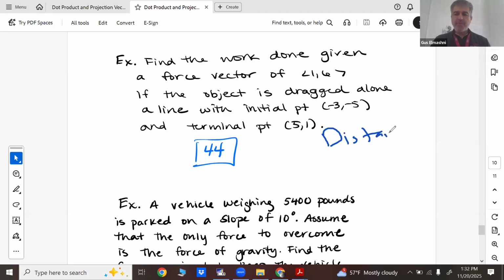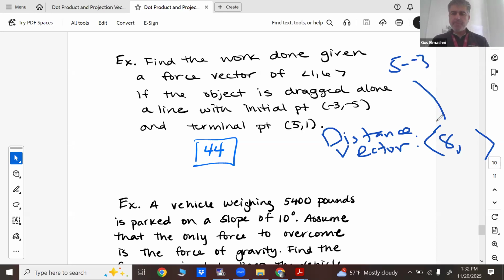So let's get our distance vector first. What's my distance vector going to be? How do you get that? 5. Correct, right. And the other one's going to be 1 minus -5.